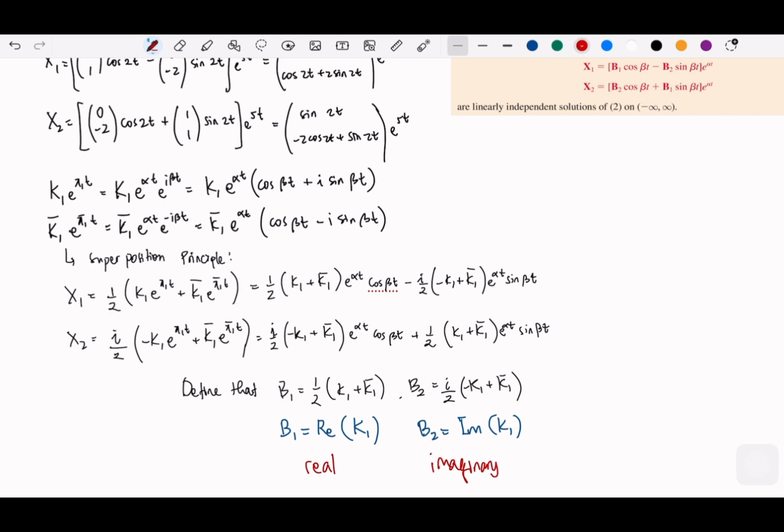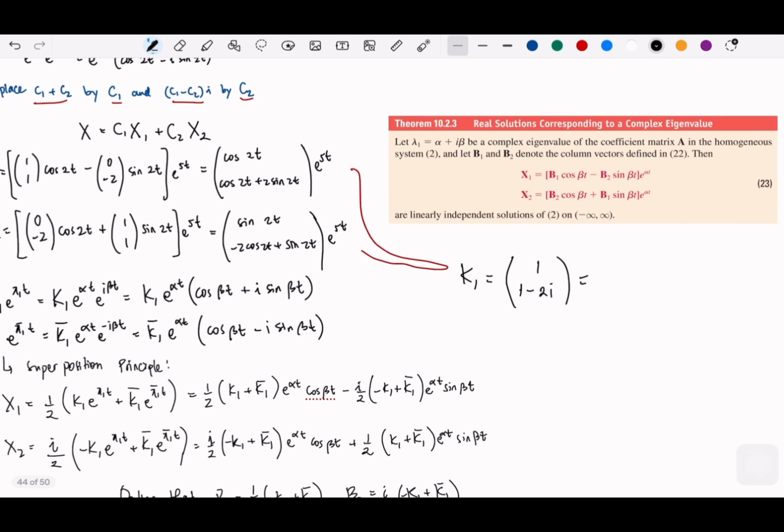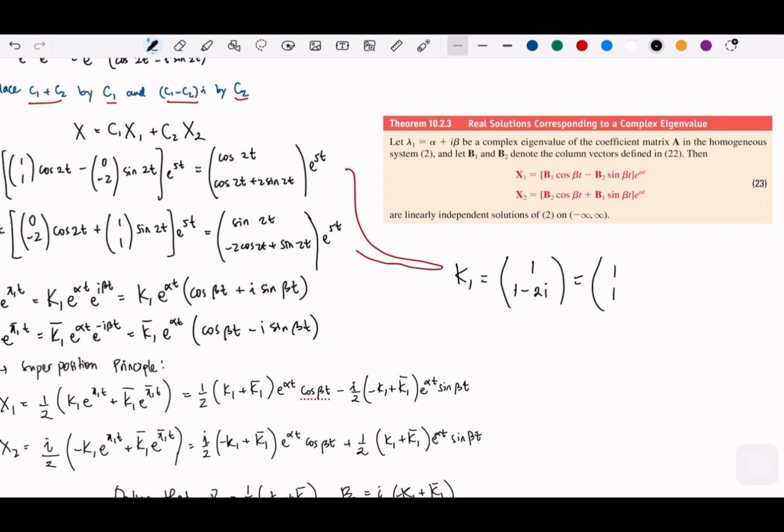And then back to these equations, we can write that K1 is, this is just to finish off the equations, 1 and 1 minus 2i, which means that the real part is 1, 1, and the imaginary part will be 0 and negative 2.